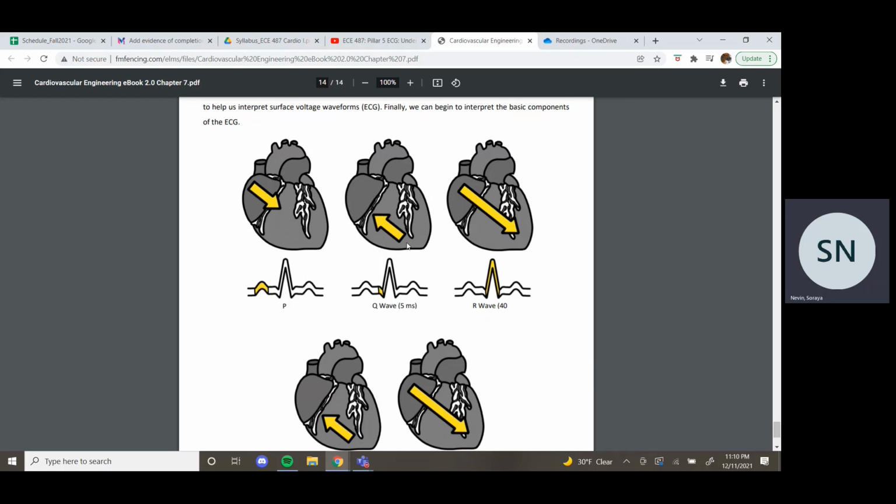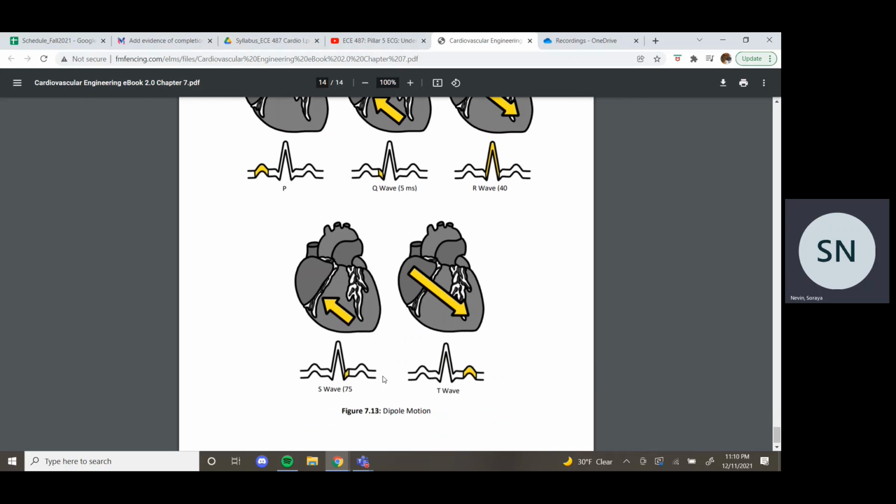Then we have depolarization going up. Then we have depolarization going down. So this is positive because it's going down, and then negative because it's going up, positive because it's going down.